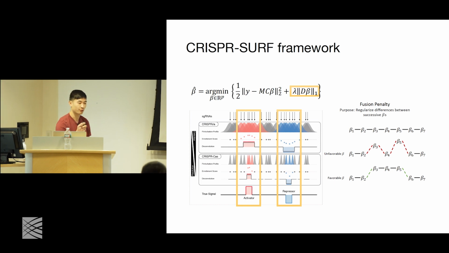Yeah, so for CRISPR interference and activation, definitely, there are very, very little consequences of interpolation there.